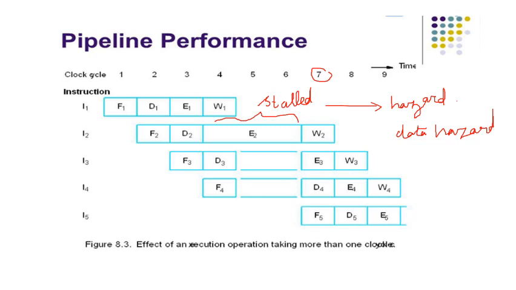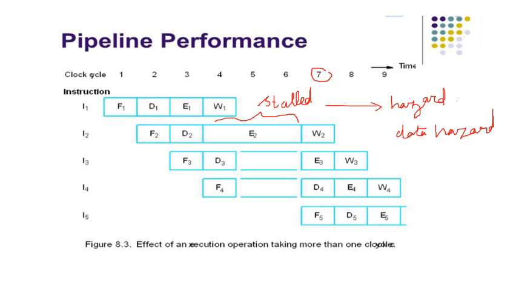A data hazard is any condition in which either the source or the destination operands of an instruction are not available at the time expected in the pipeline. As a result, some operation has to be delayed and the pipeline stalls. The pipeline may also be stalled because of a delay in the availability of an instruction.